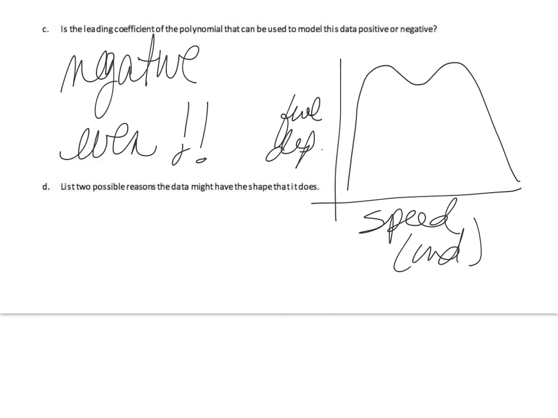List 2 possible reasons that the data may have the shape that it does.